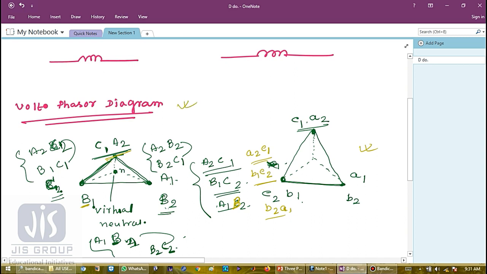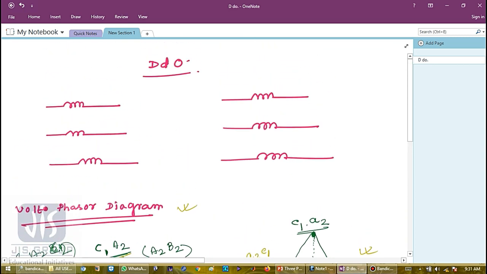Now let me draw the connection diagram. So for the connection diagram, this is A2, B2, C2. So this is my A1, B1, C1.